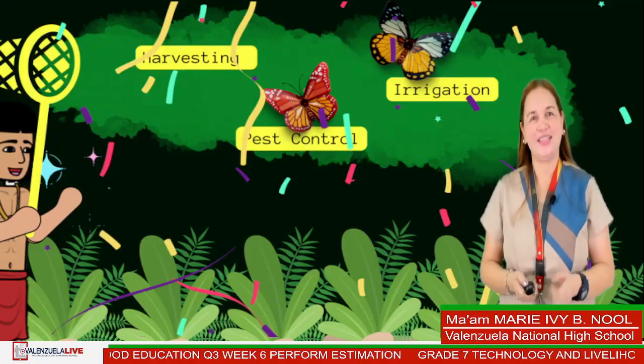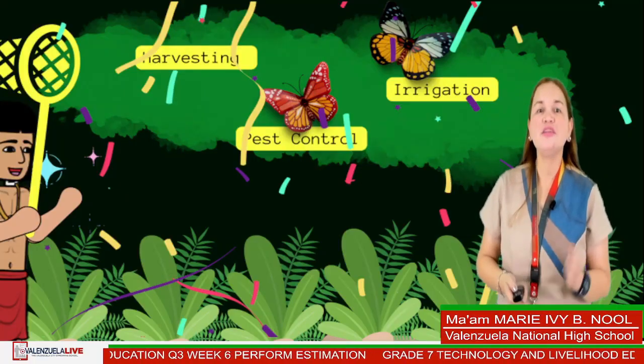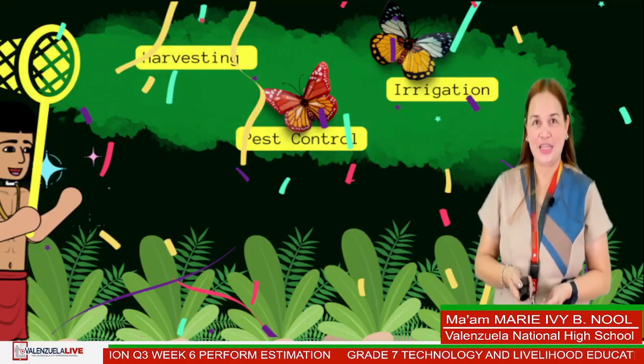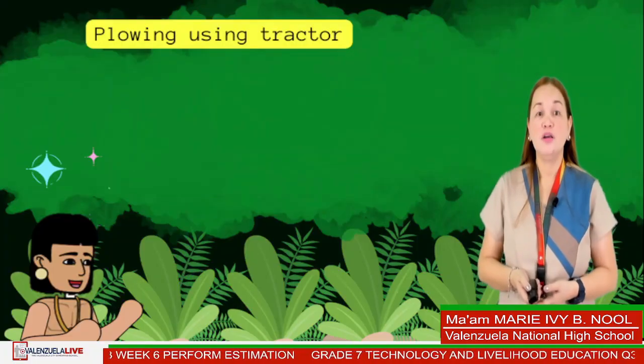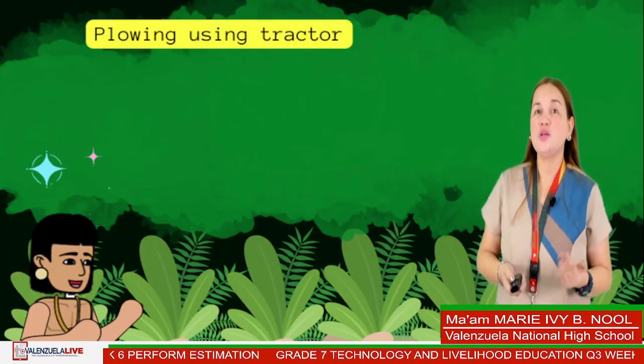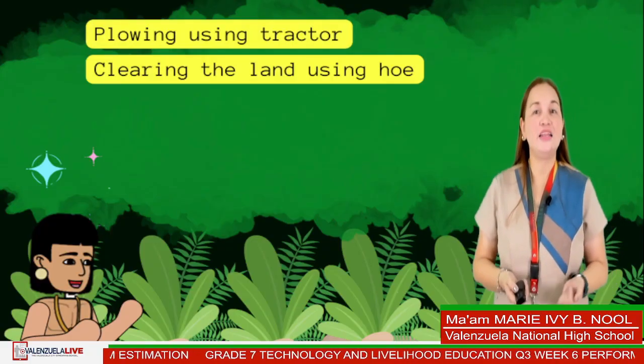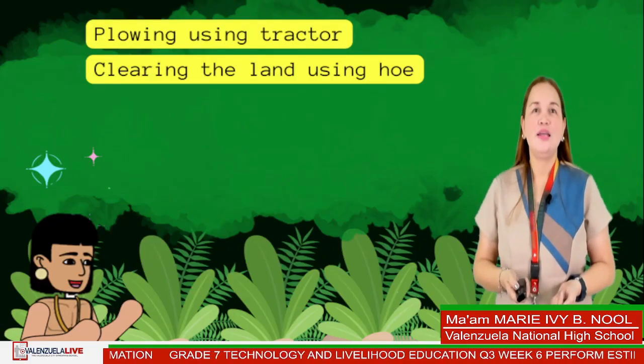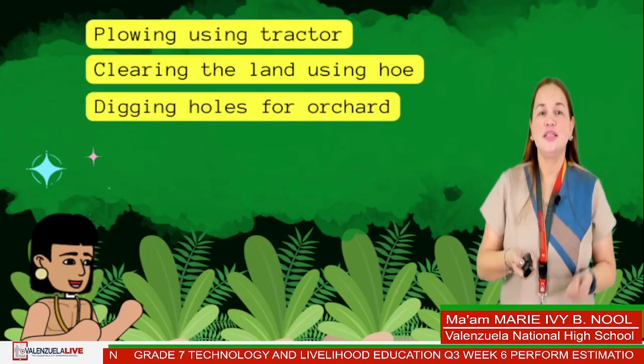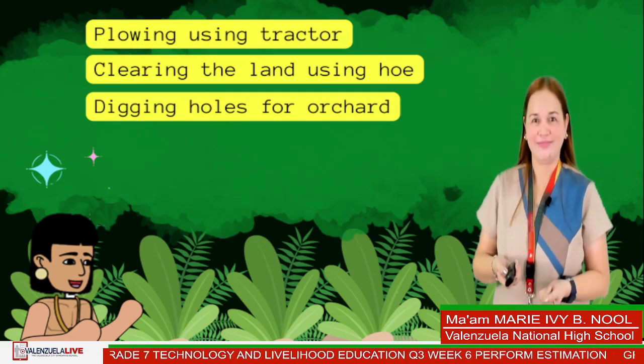You're doing great. Now, let us review our answers in the activity. First is plowing using tractor. Second, clearing the land using hoe. Last is digging holes for orchard.